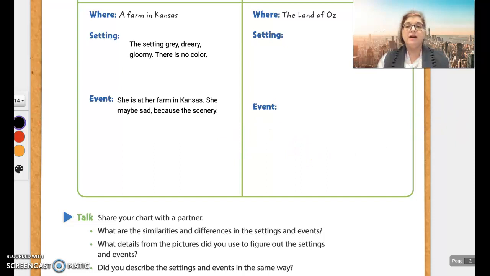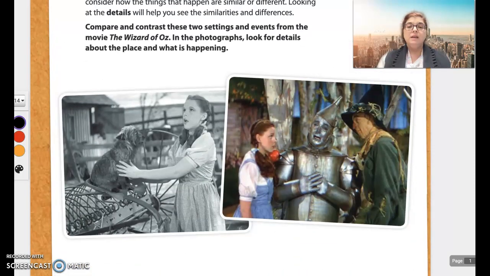So she may be sad because of the scenery. Now let's take a look at the other one. Look at this. So we notice that in this particular one on the right-hand side is in color, right? What do we notice in this scene? What do you see in the photo?